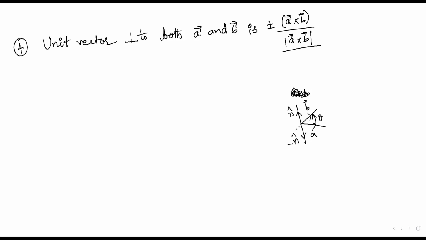Now I told you I'll explain this another way, very simply. Let's say this is the A vector and this is the B vector, and this is the angle of rotation. This is your n cap, the third vector. The angle between A and n cap is 90 degrees, and between B and n cap is 90 degrees.